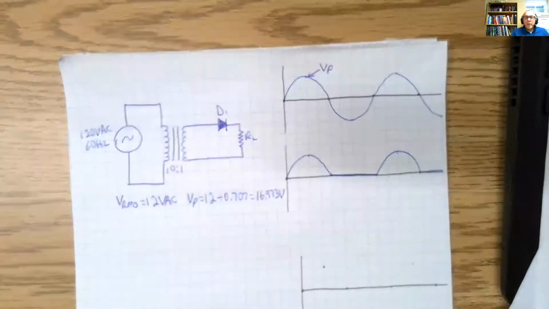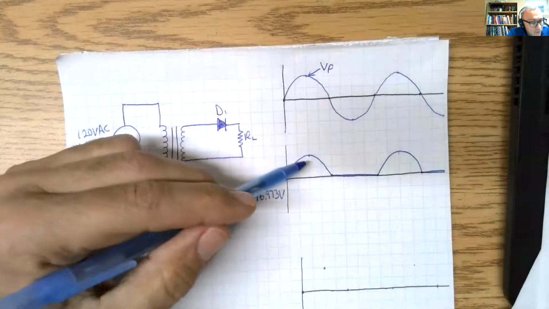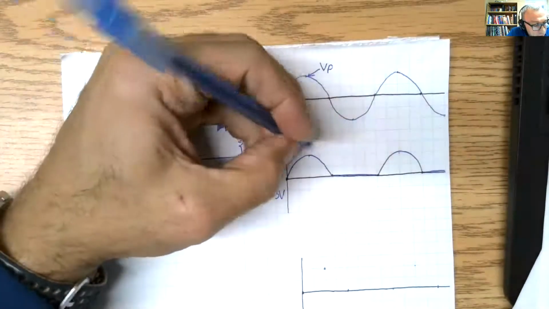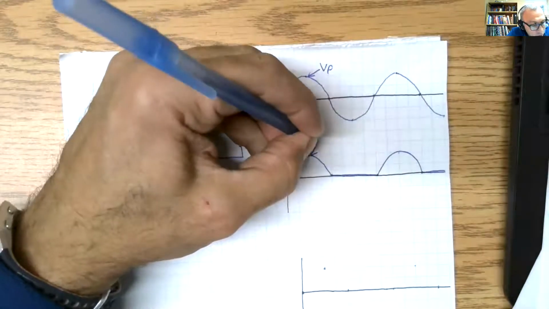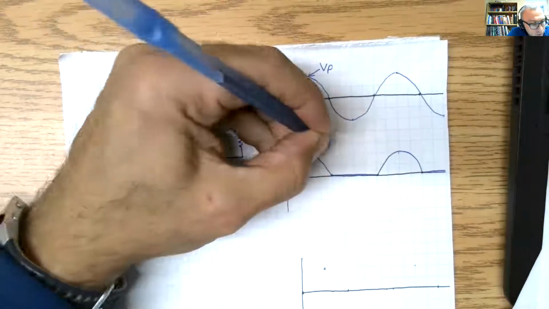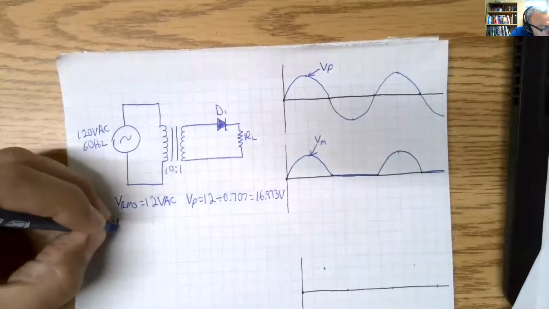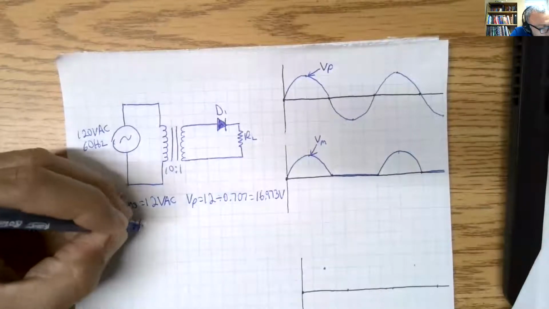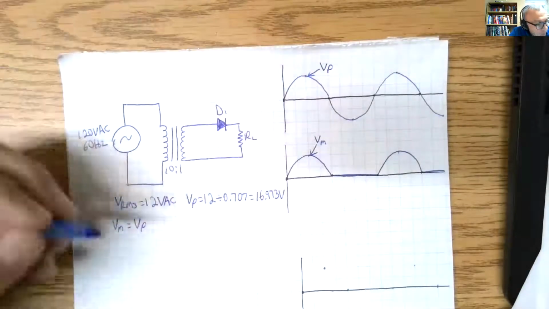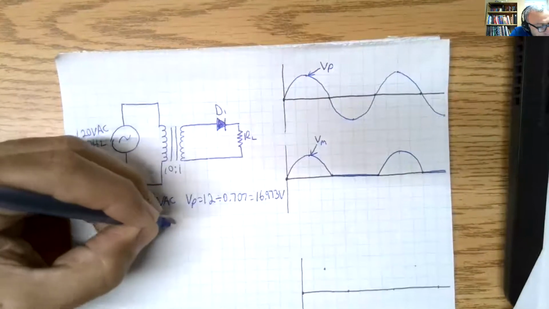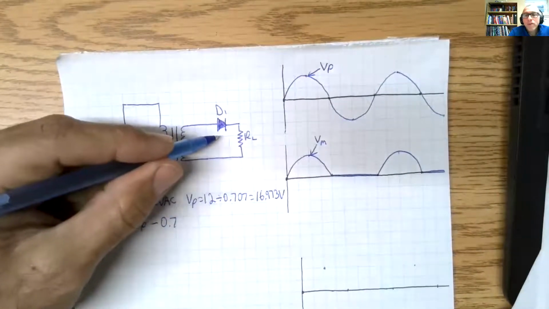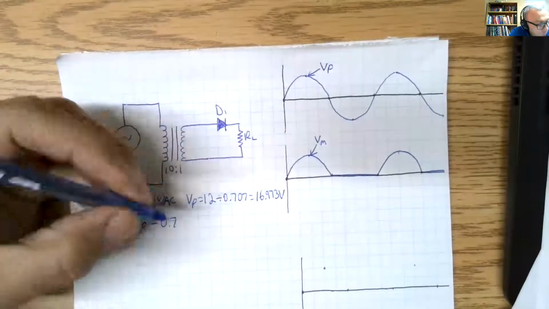All right. Now, because this is coming through the rectifier, our Vmax on the output is going to be V peak, this peak here, minus 0.7 volts, because 0.7 volts gets dropped across the diode.